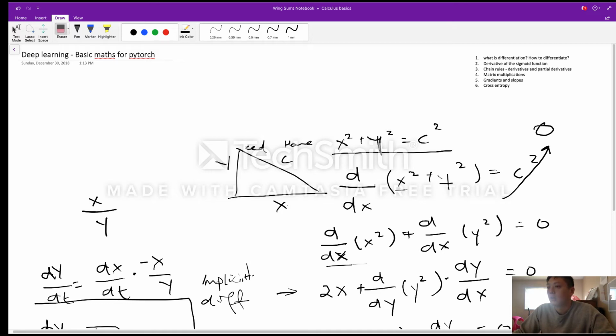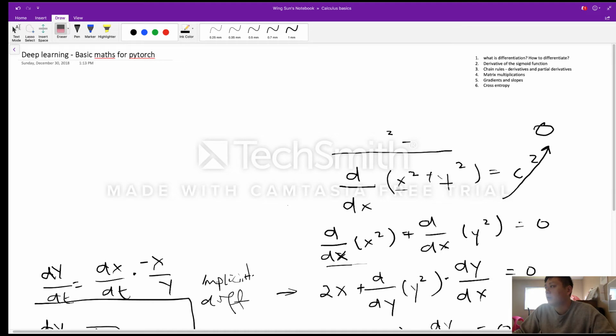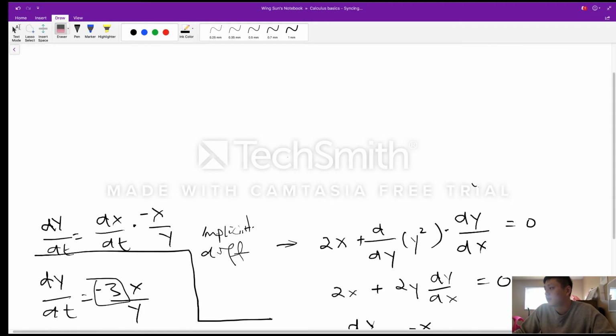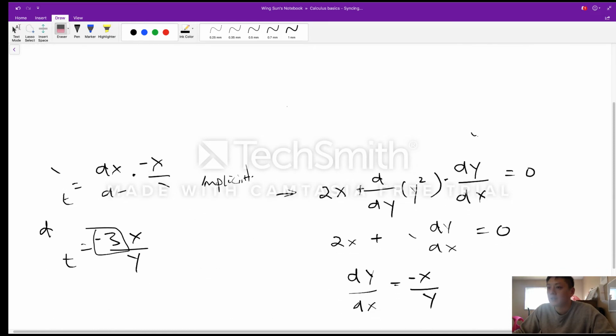So, what is our next topic? Our next topic is matrix multiplication. Now, the way I want to teach this is I want to relate this to the MLP because it's very matrix heavy. That's what I think.